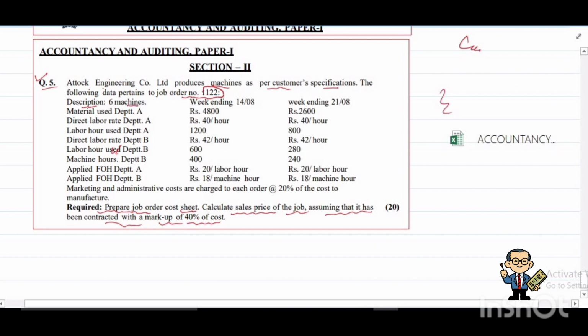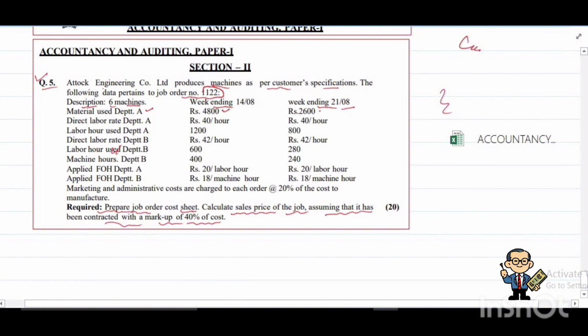We have 6 machines, with week ending 14th August and another week ending 21st August. The material used by department A in the week ending 14/8 is 4800.